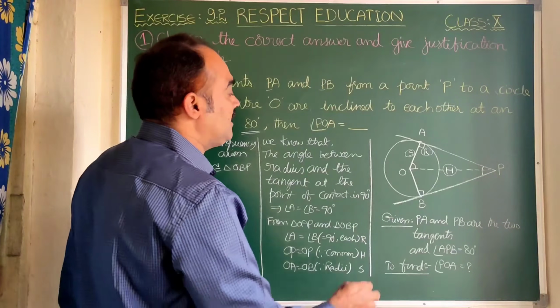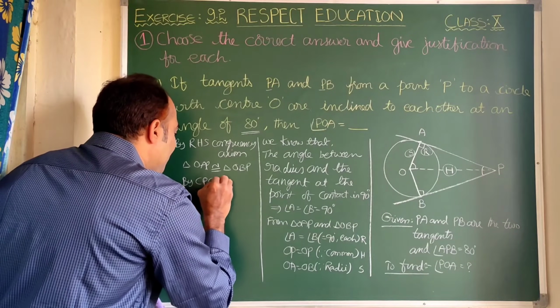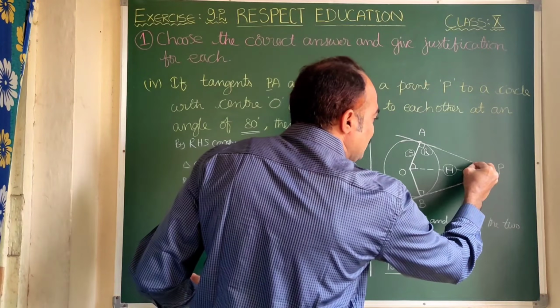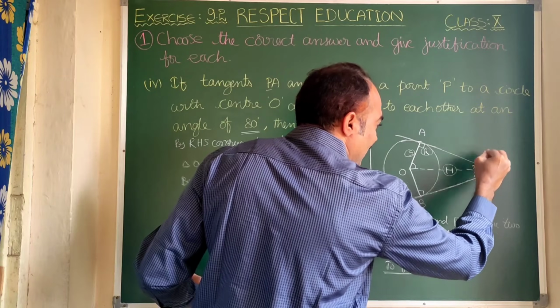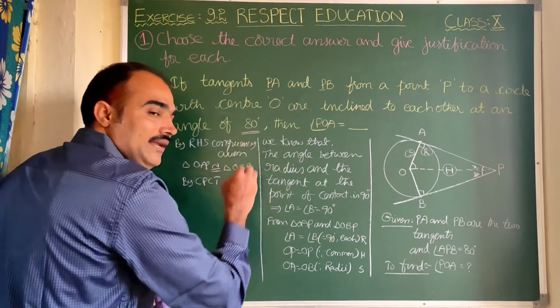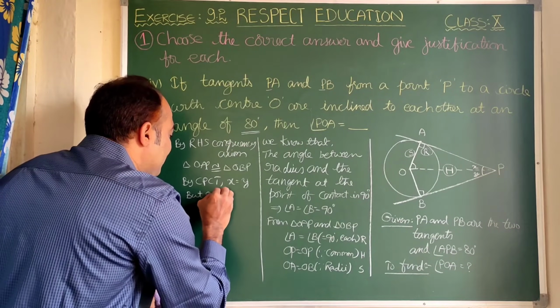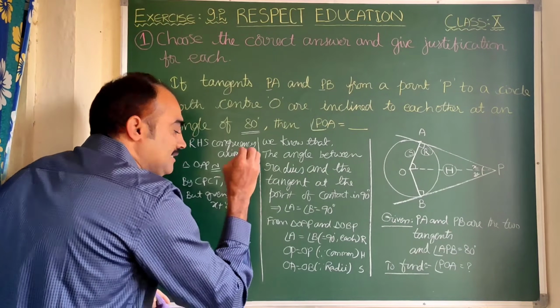When these two triangles are congruent, by CPCT we can say that, here you see, this you take it as X and this you take it as Y. So here we can say X is equal to Y. But already given X plus Y is equal to 80 degrees.